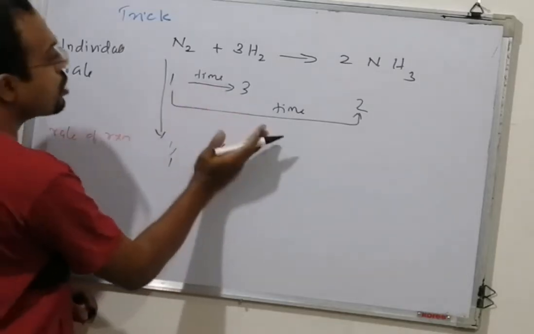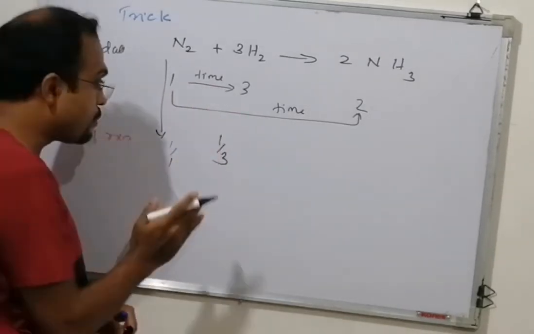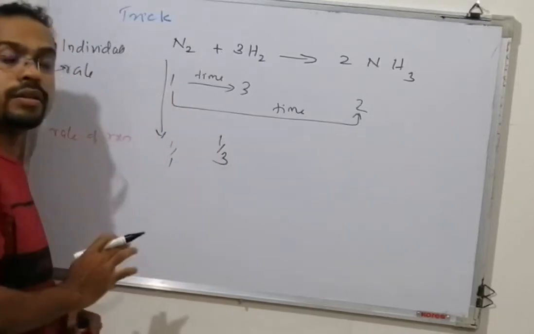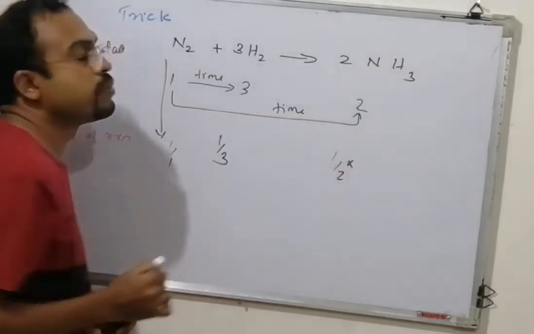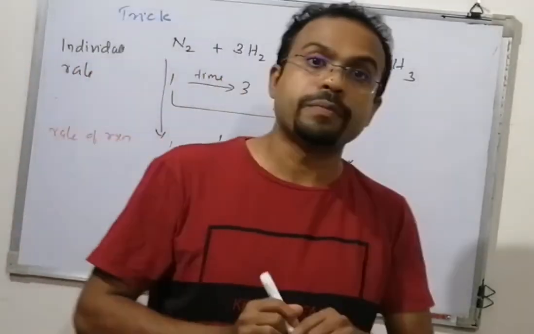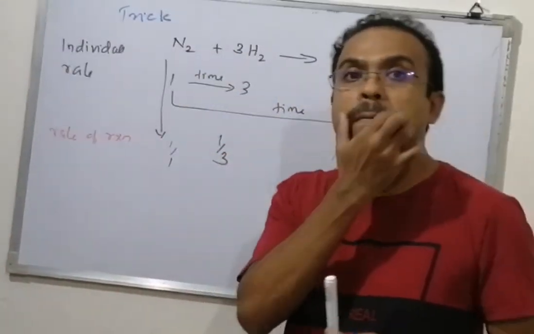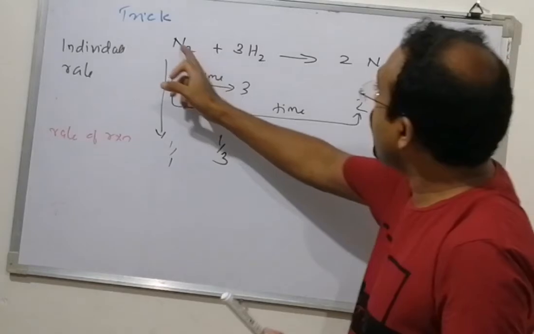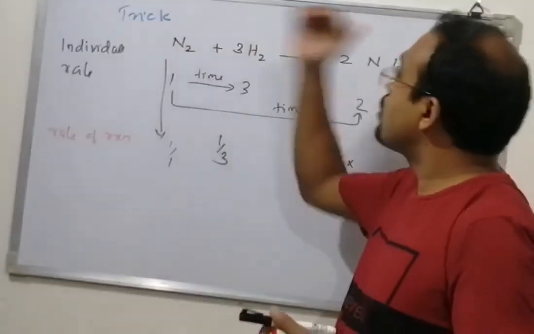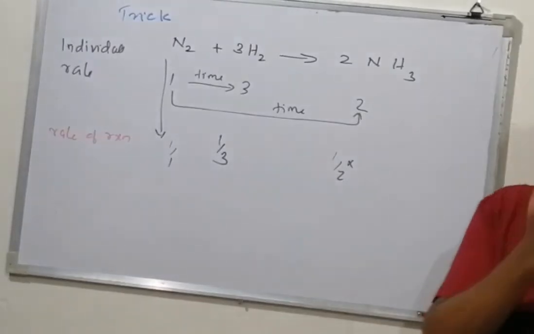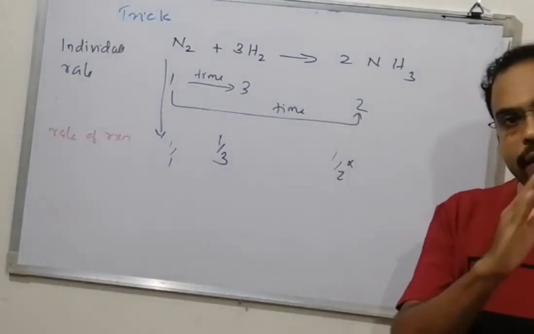But when you compare with hydrogen, it is 1 by 3 of the rate of change of hydrogen. It is 1 by 2 times the rate of change of ammonia. Therefore, this is a trick. You compare with any reactant or product whose coefficient is 1.